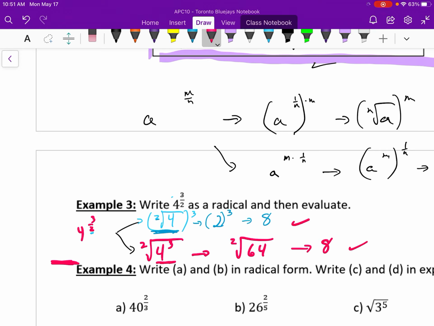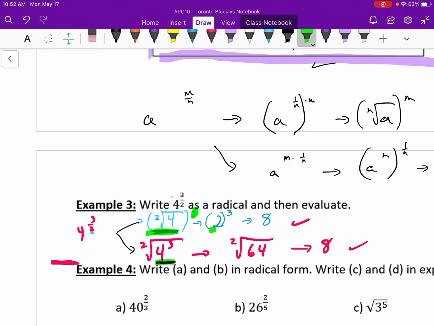Now, I much prefer the first one, where you isolate the radical first and then conduct the power, because really what you're doing is making your radicand and the root a very small number, and then raising it to a large power. Easy to do.